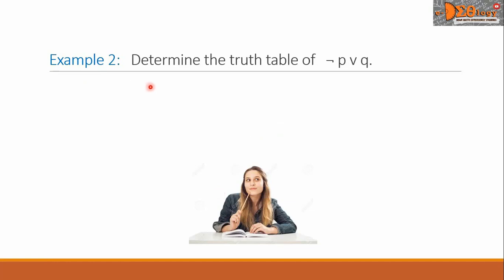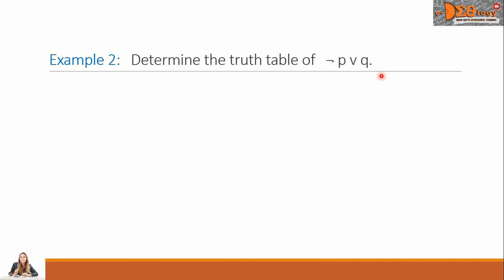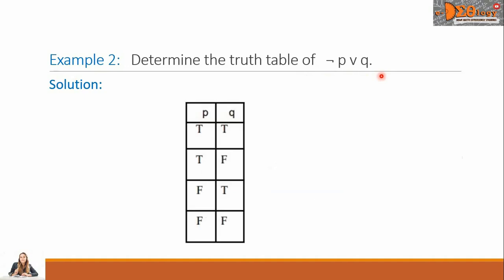Example 2. Determine the truth table of not P or Q. For our solution, let us first write the two columns for P and Q respectively. So we write all the possible combinations of truth values for P and Q. For the P, we have the first two rows to be true, the last two rows to be false.